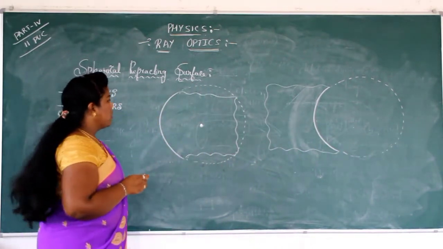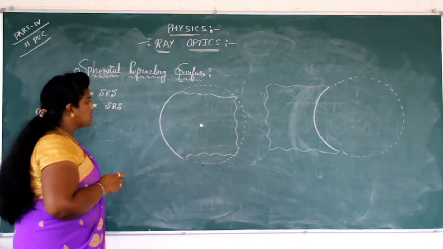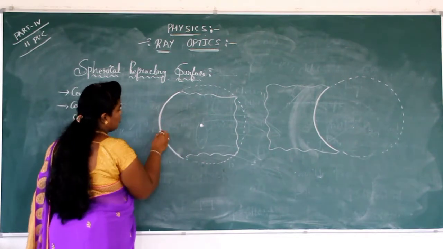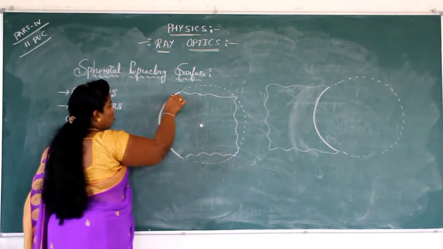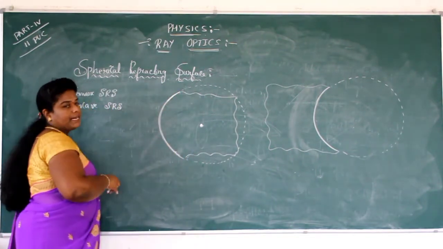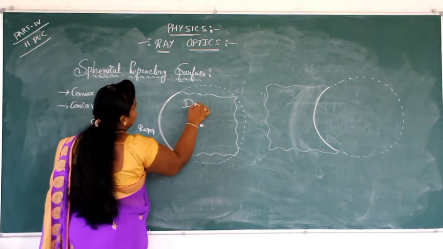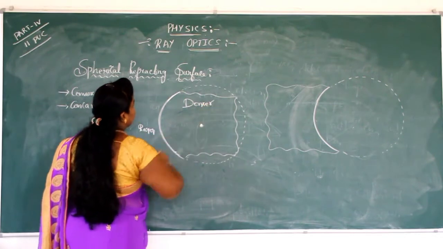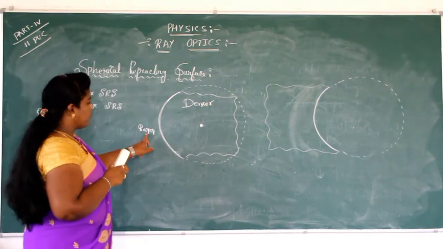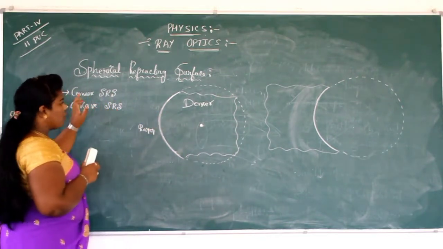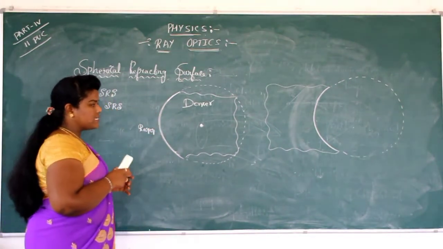Observe carefully. I have written two surfaces. See, dear students, the refracting surface which is convex towards the rarer medium, so this is the rarer medium, whereas this is the denser medium, is called a convex spherical refracting surface.